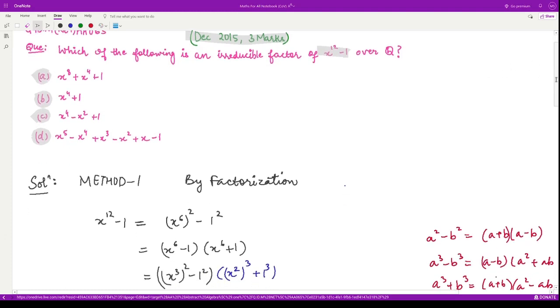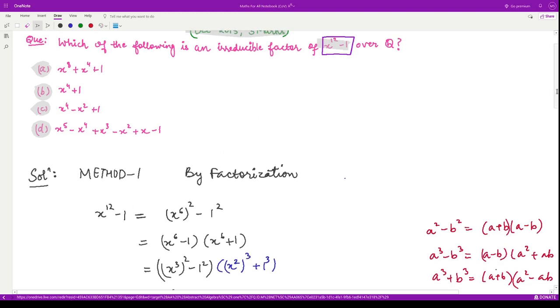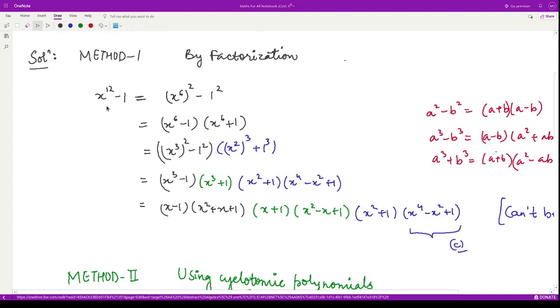In the first method, we shall see a very simple technique, that is we'll factorize this polynomial x to the power 12 minus 1. How can we do that? You can write x to the power 12 as x to the power 6 raised to power 2. That means x to the power 6 squared minus 1 squared.